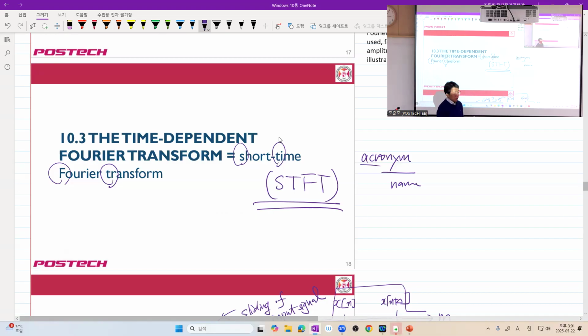Suppose you take a speech recognition and processing course, then the first few chapters will introduce you to the short time Fourier transform.